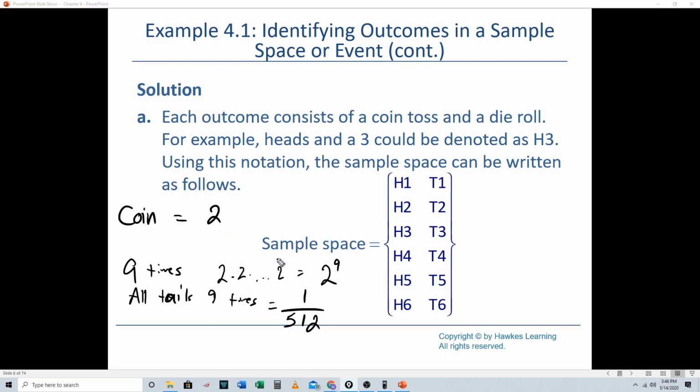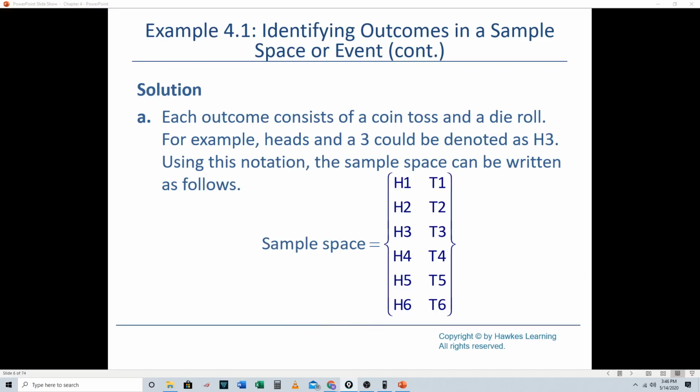The entire sample space is the denominator. Okay, so there's only one way to get all tails, and that's just get them all in order. And there's 512 different ways you can have outcomes when flipping a coin. So there's how to do that question. We'll look at it in a little bit.